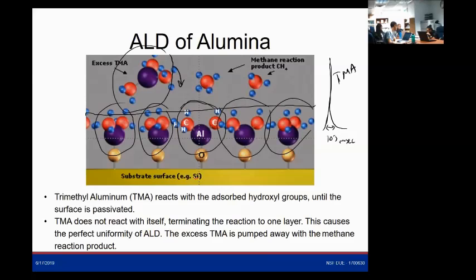But this time, it's not about a chemistry kinetic limitation. It's actually the whole surface has been covered with one atomic layer of aluminum. I mean, in this case, TMA. Okay, we don't have any bonds available. So we need to get rid of these.